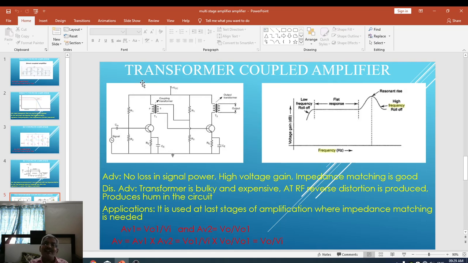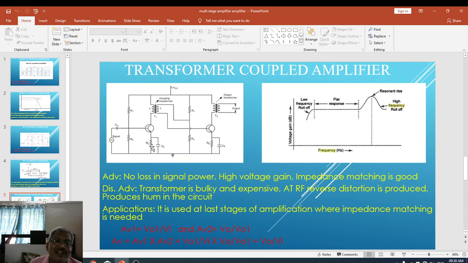Friends, such a transformer coupled amplifier, like other amplifiers, also consists of a transistor, say Q1. Again, it is used in the common emitter configuration, whose biasing is adjusted by R1 and R2, known as resistor divider biasing, by which its operating point is adjusted in the active region so that it acts as a very faithful amplifier.